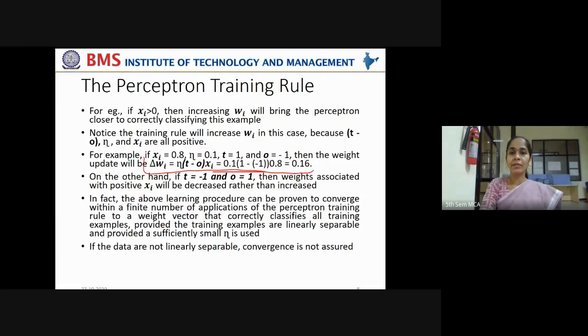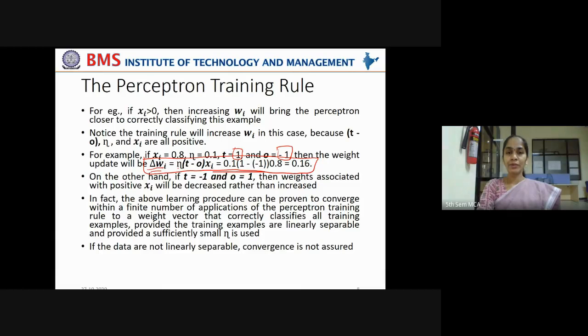How this delta Wi is calculated is given here. Xi is 0.8 and the learning rate is 0.1, and T, the training example outcome, is 1, but actually the prediction made is -1. In that case, how do we calculate the change that has to be made to the weight?